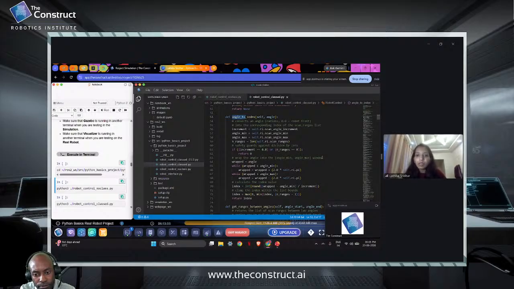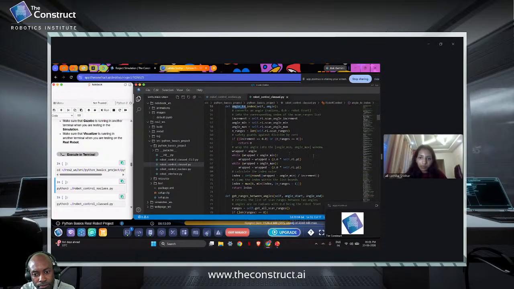So we have an increment, minimum angle, maximum angle, and the ranges, which we get in the robot control library. We import it at the top, and then we use those built-in functions to get all these values.